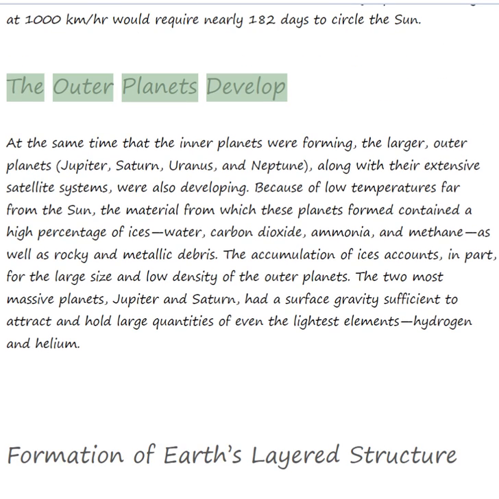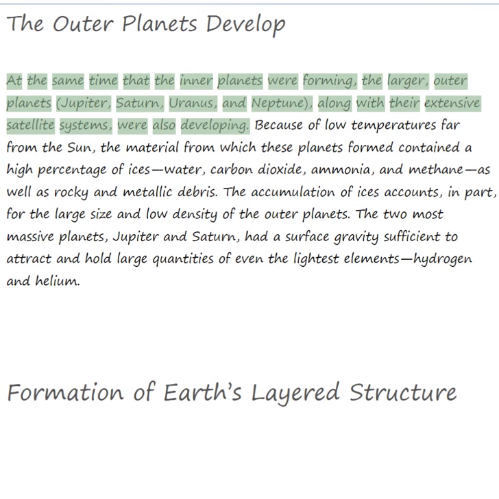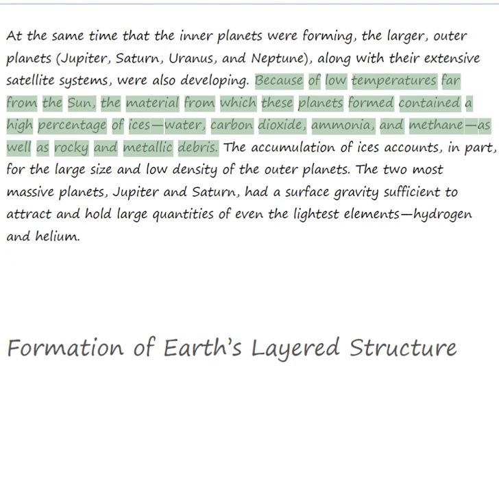The outer planets develop. At the same time that the inner planets were forming, the larger, outer planets, along with their extensive satellite systems, were also developing. Because of low temperatures far from the Sun, the material from which these planets formed contained a high percentage of ices, water, carbon dioxide, ammonia, and methane, as well as rocky and metallic debris.